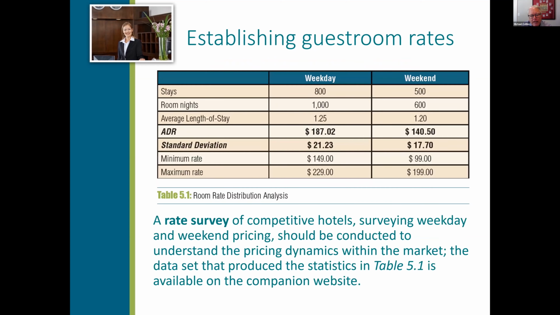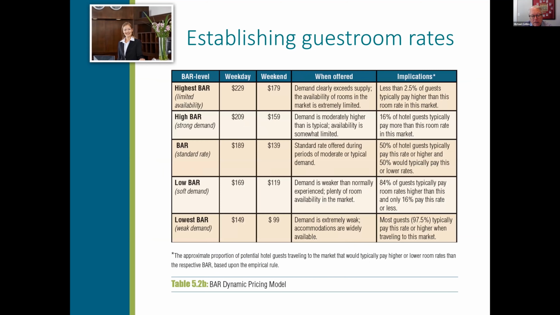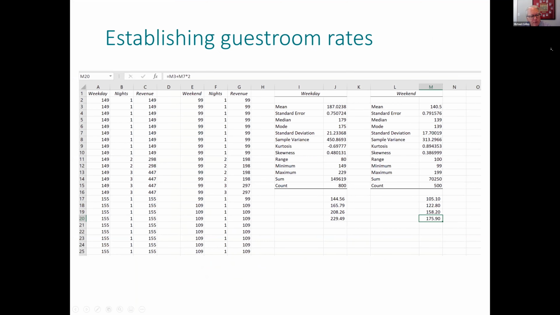But when you can explain to students that if I go out online, and I have students do this, I have students go out online and collect room rates, shop hotels that they feel their hotel will compete with. And then I have them collect room rates, put them into an Excel spreadsheet, as you see on my screen here. And I put those rates in, and then I sort them from the lowest rate to the highest rate.